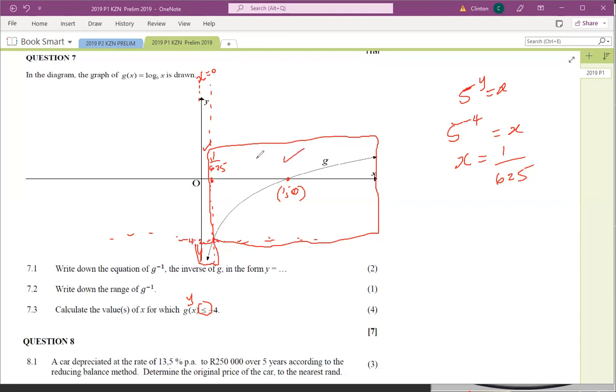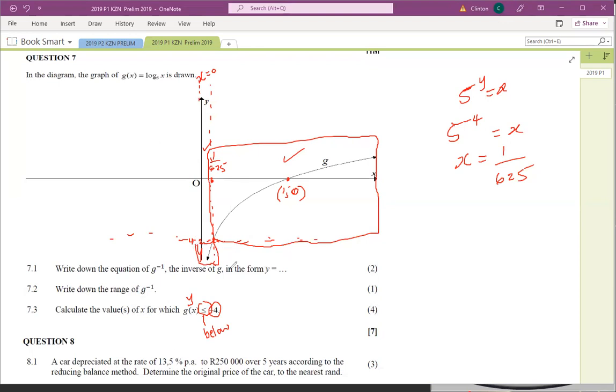Now let's check which one. Less than means below, so we're looking where the graph is below this value, which is here. Remember, the graph here is above this number, but here it's below.